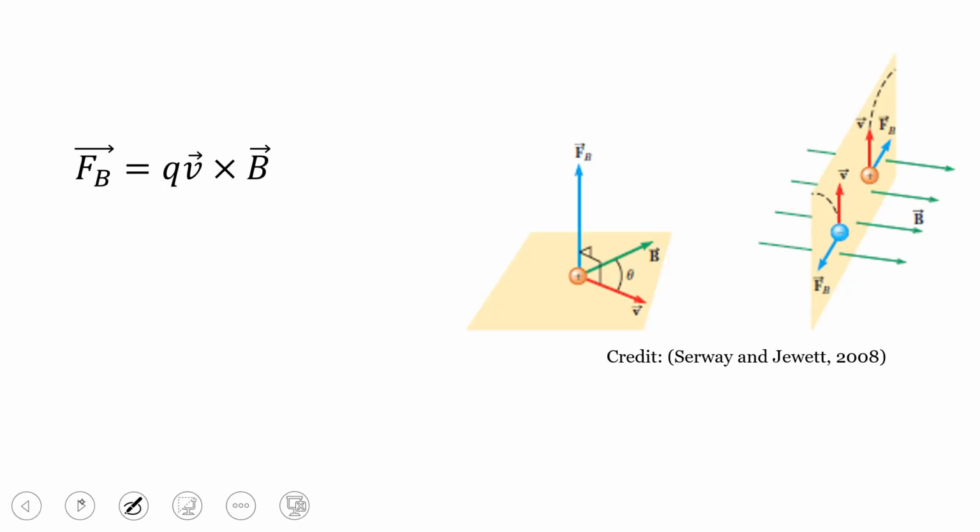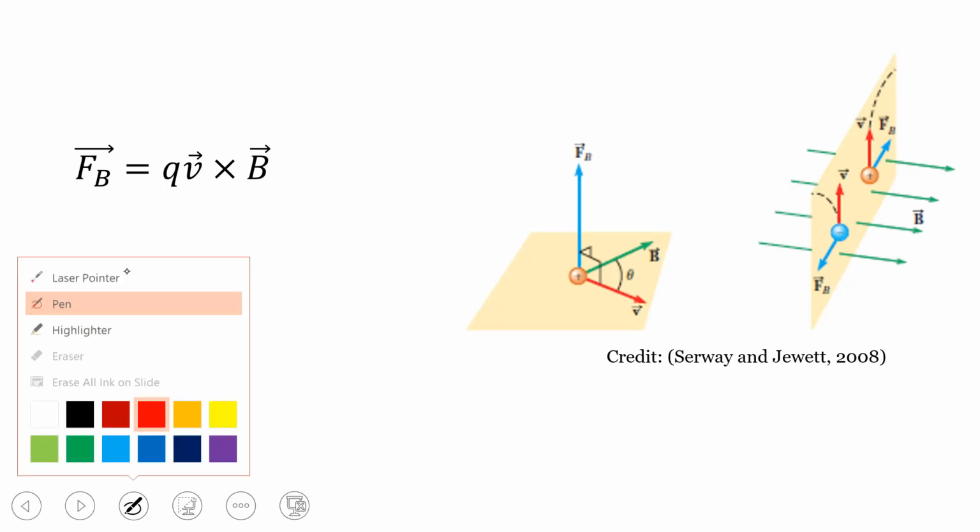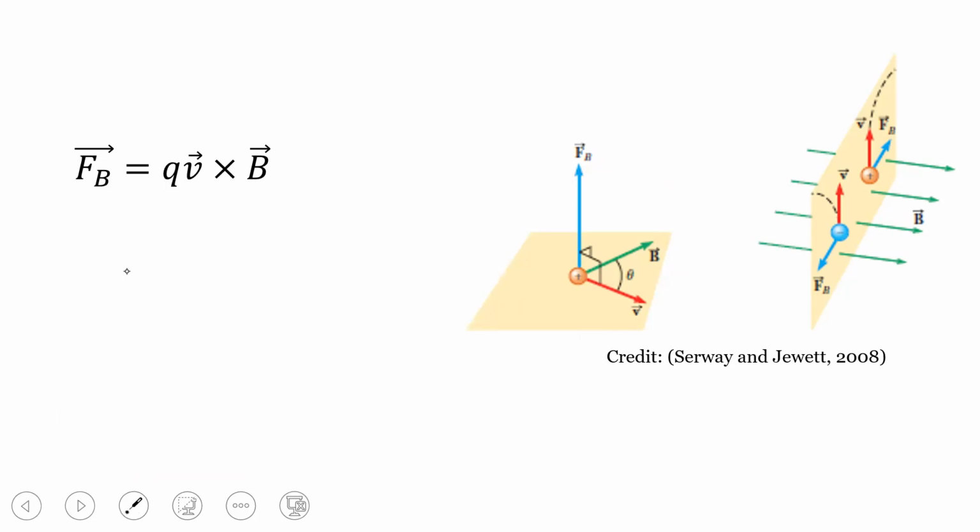So what we have in these diagrams is showing that the magnetic force vector, you can see, is F subscript B, is perpendicular to the velocity vector V. And it is also perpendicular to the magnetic field vector B. If you look at the green line there, it is perpendicular to the blue line.